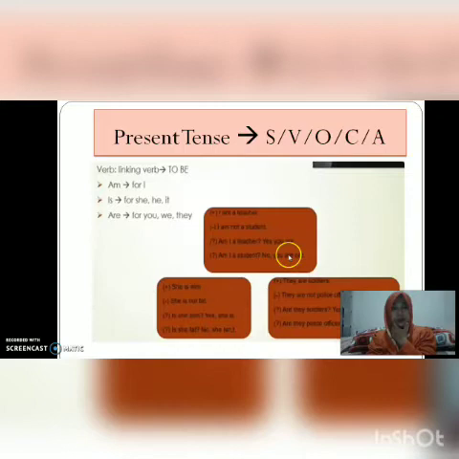Okay, so I will repeat the present tense. The first type of present tense of verb is linking verb, or we can call it to be. And for the to be, there are three kinds of to be of the present tense. The first one is am.